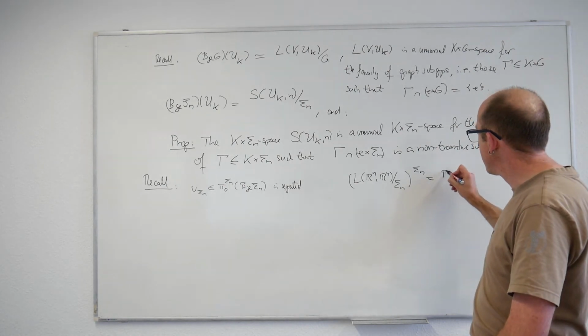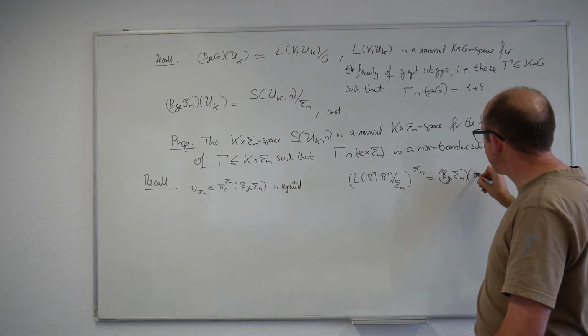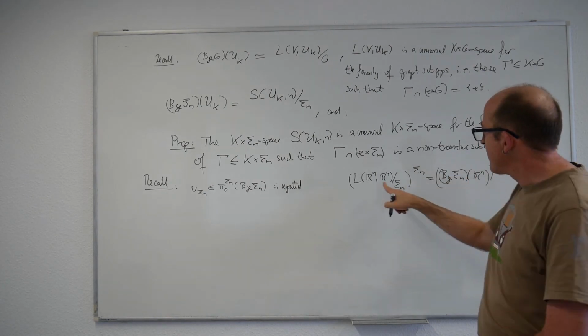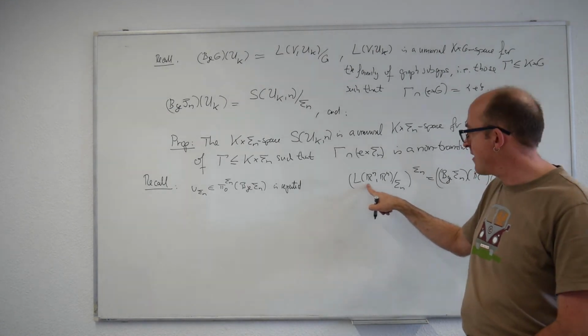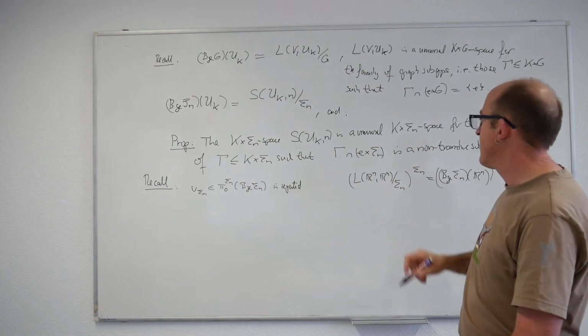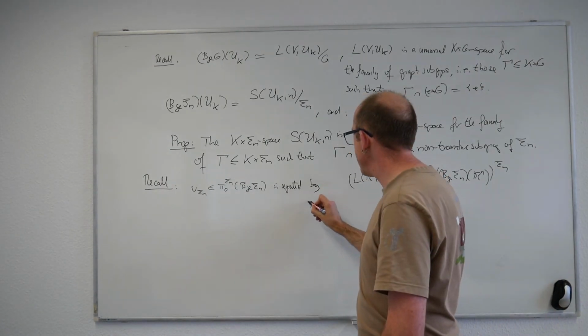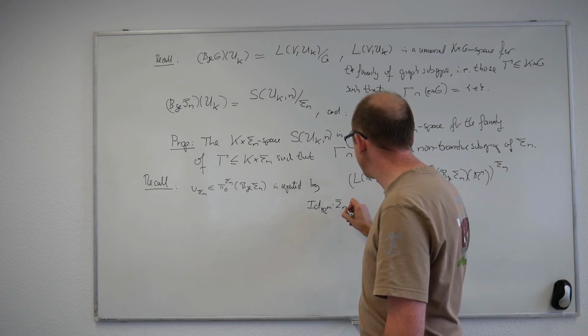Then this would be the global classifying space of Σn evaluated at R^n, and then taking Σn fixed points. So the orbits are formed via the Σn action on the source, and the fixed points are then formed via the action on the target. And this is represented by a tautological element, namely the identity of R^n and then its orbit.